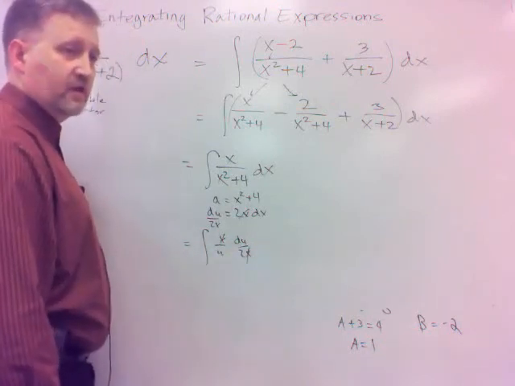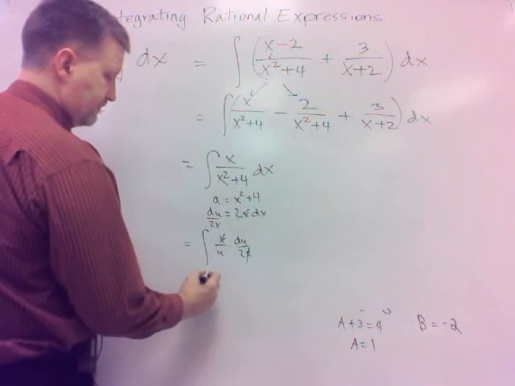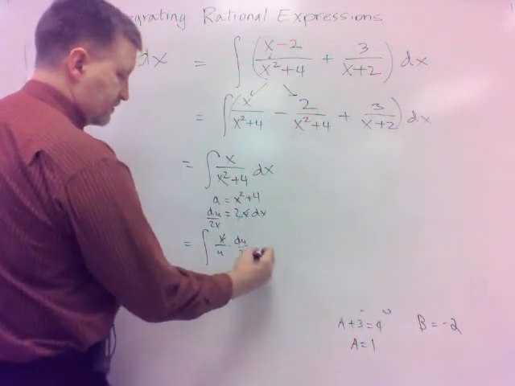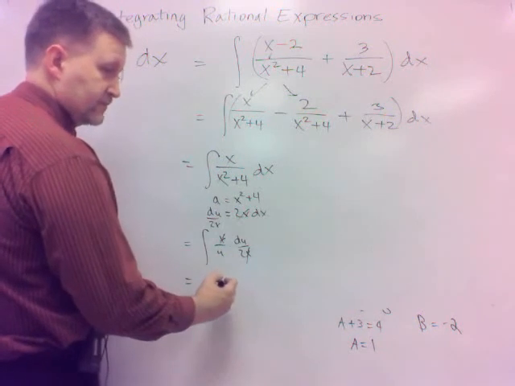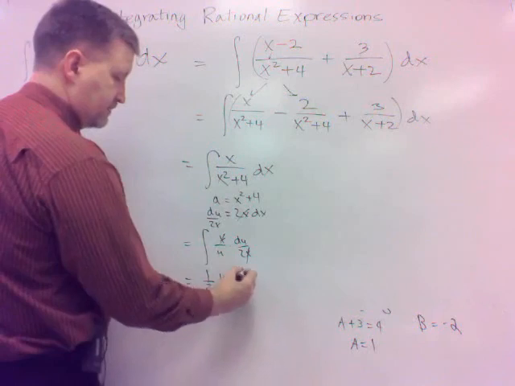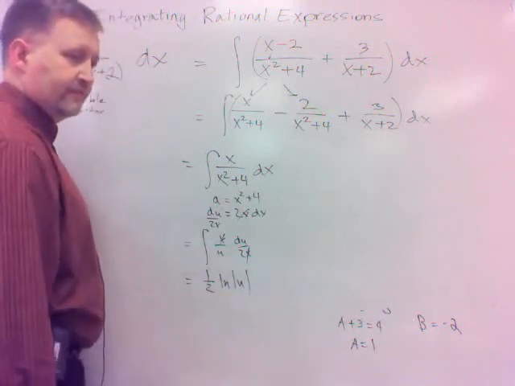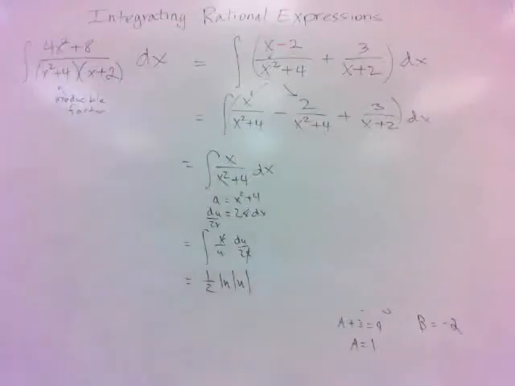It's going to be a natural log. Right? That's the integral of 1/2 times 1 over u, which is 1/2 times the natural log of u, absolute value. See all that? Now, our second one, 1 over x squared plus 1 is inverse tangent.